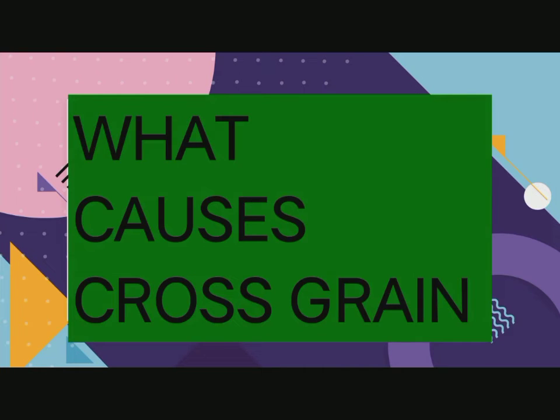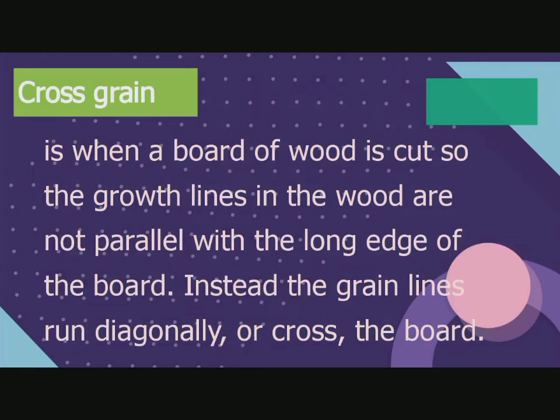So, what causes cross grain? Cross grain is when a board of wood is cut so the grain lines in the wood are not parallel with the long edge of the board. Instead, the grain lines run diagonally or cross the board. So in this defect, it is not parallel with the long edge of the board.